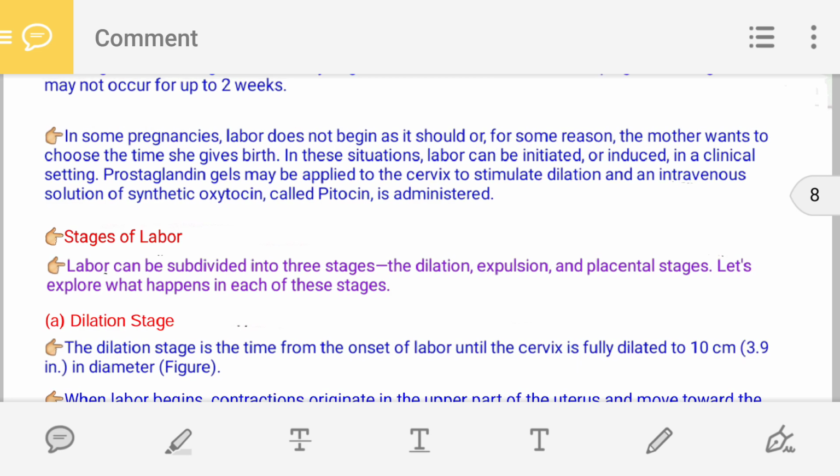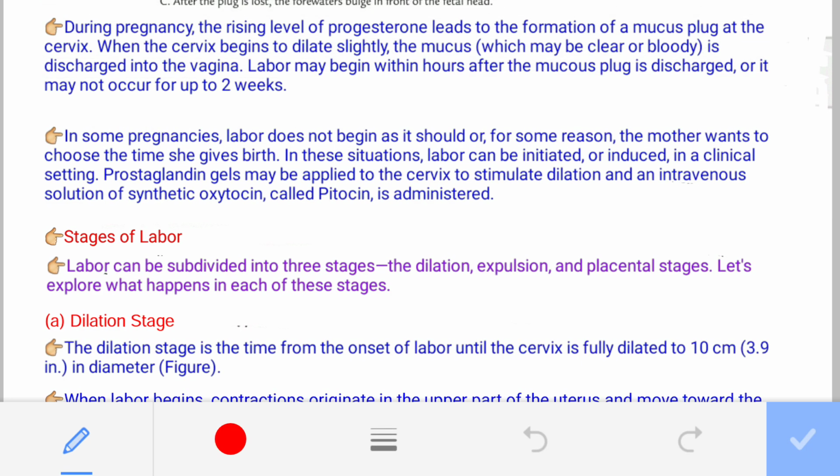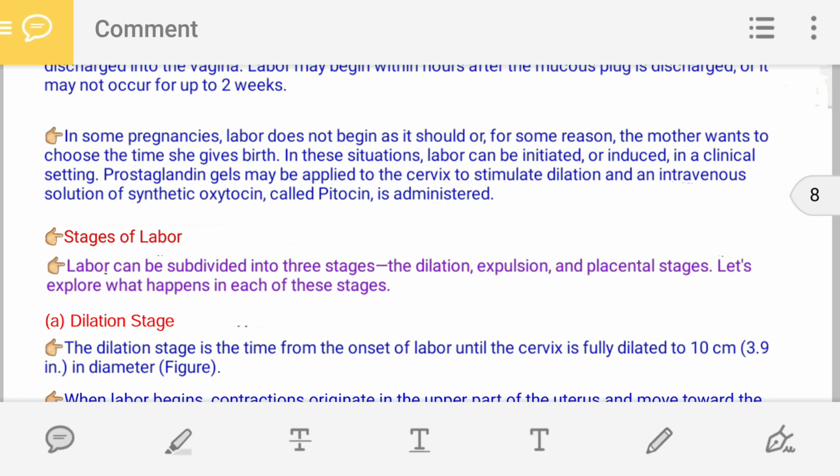So the gynecological doctor will apply prostaglandin gel to the cervix so that the cervix is dilated, because the mother was not able to dilate the cervix naturally. So the doctor will apply this prostaglandin gel, and the cervix dilates.